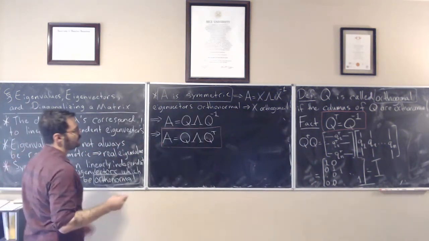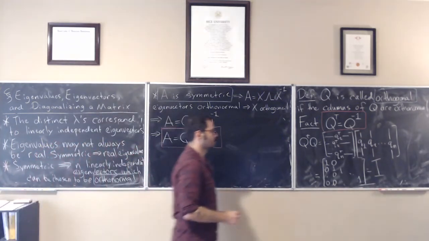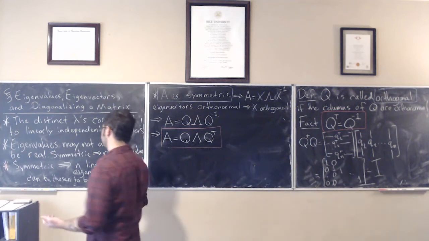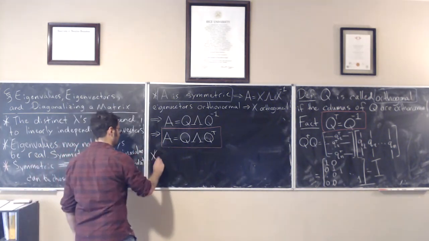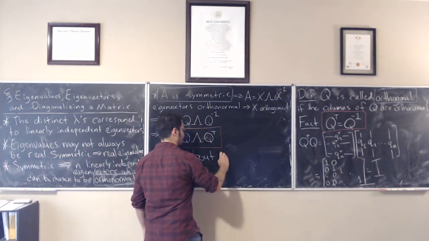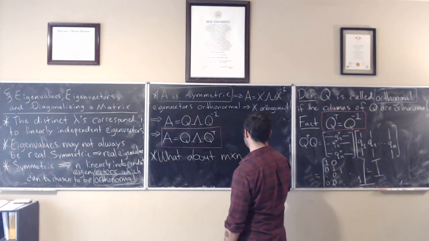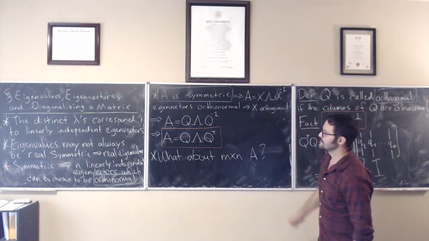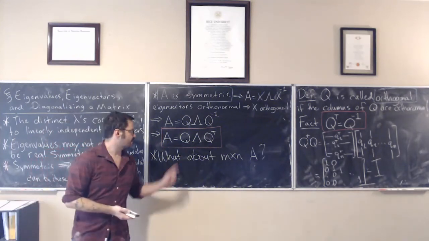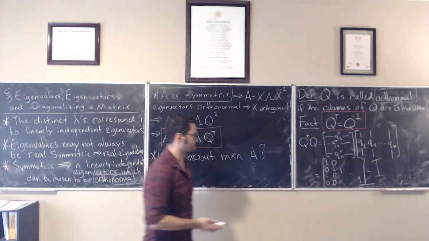But now, what about non-symmetric matrices? What about even non-square matrices, m by n A? We could never hope to find this type of decomposition for a non-symmetric, much less a non-square matrix, could we?